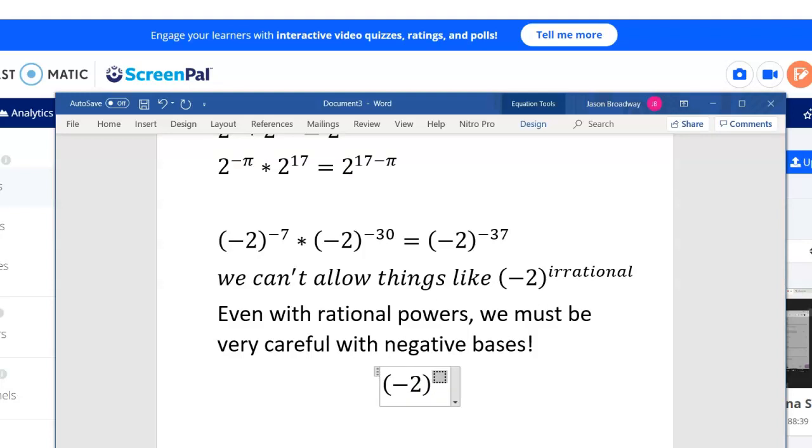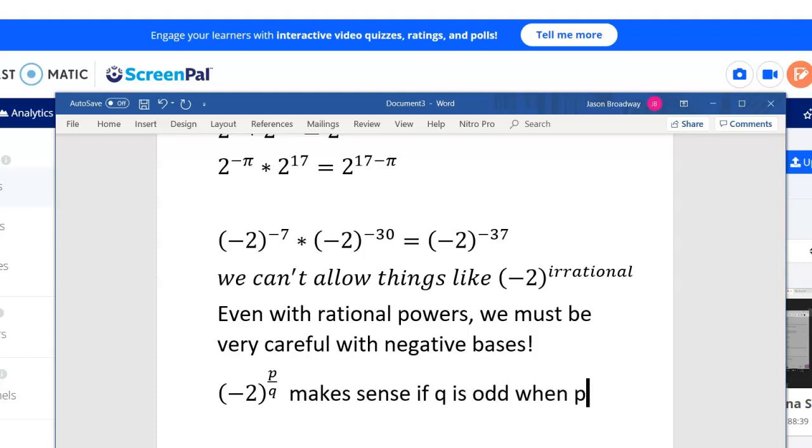We got to be careful. Negative 2 to the power of a rational power, like P over Q, makes sense if Q is odd when P over Q is in lowest terms.